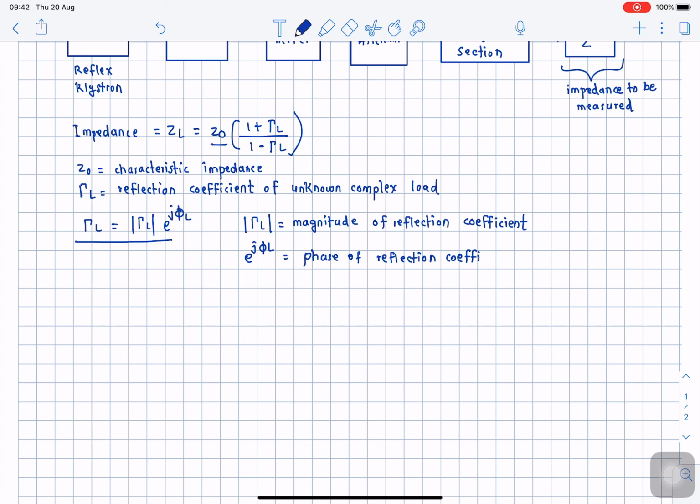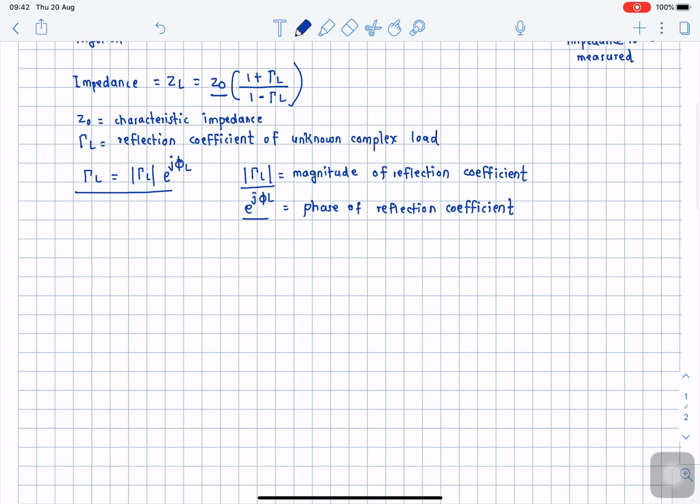So what we want to do is measure the magnitude and phase of the reflection coefficient. Once we know them, we get the entire value of the reflection coefficient, and then you can place this value into the equation of impedance to calculate the unknown value.